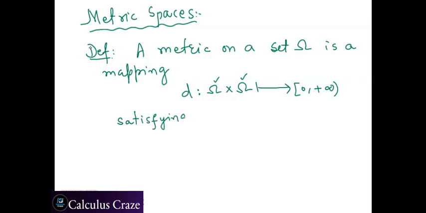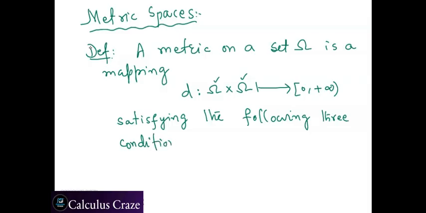So a metric on set omega is a mapping satisfying the following three conditions. Condition number one is the definiteness.